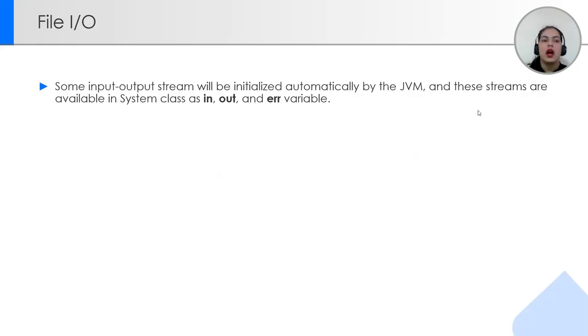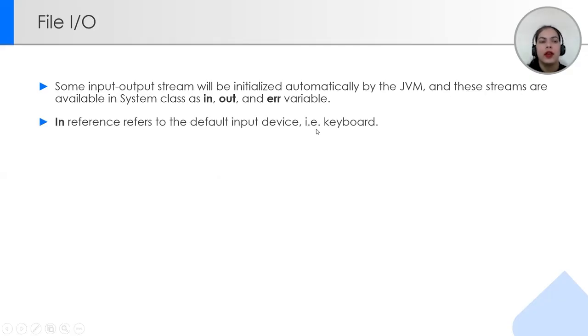These streams are available in the system and are known as the in, out, and err variables. So the JVM is responsible for providing the classes in the form of in, out, and err, so that the input output stream can be initialized automatically while we are working with file handling.